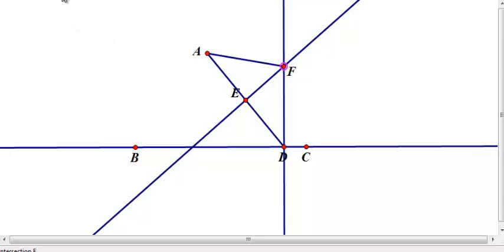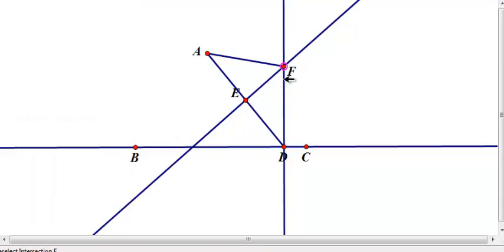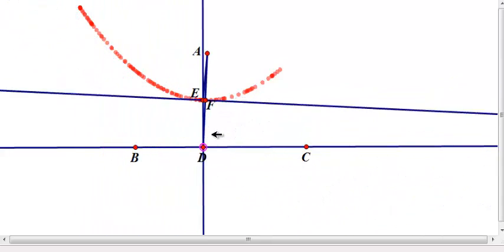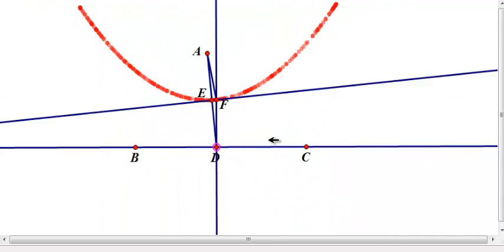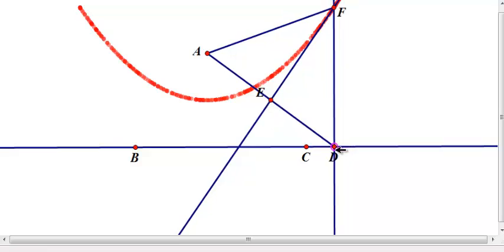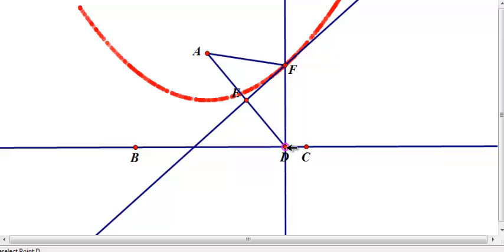Thus, we find the locus of F under the condition that D moves on the line BC. We find this red curve that gives us the parabola whose focus is at A and the directrix is the line BC.